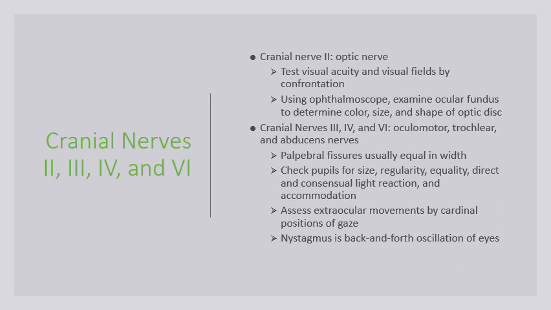So look at the palpebral fissures, check pupils for size, regularity, equality, and then the direct and consensual light reaction and accommodation. Assess extraocular movements, and then nystagmus. Remember we talked about 3 being at the top, 4 being down, and 6 is this lateral side-to-side movement.